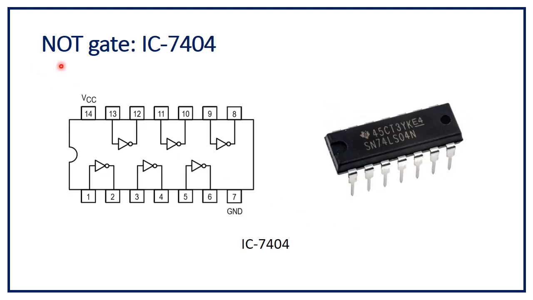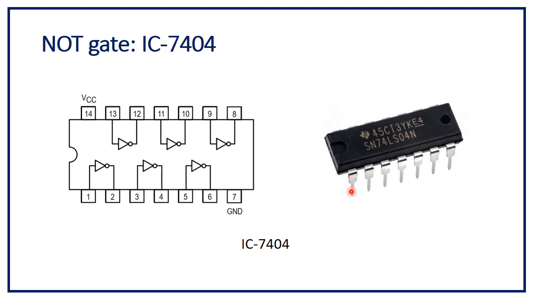Now we will see the NOT gate IC. IC 7404 is the NOT gate IC. Here we have shown the IC. This is a 14 pin IC. This is the notch of the IC, and we count the pin numbers when we keep the notch on the left side.